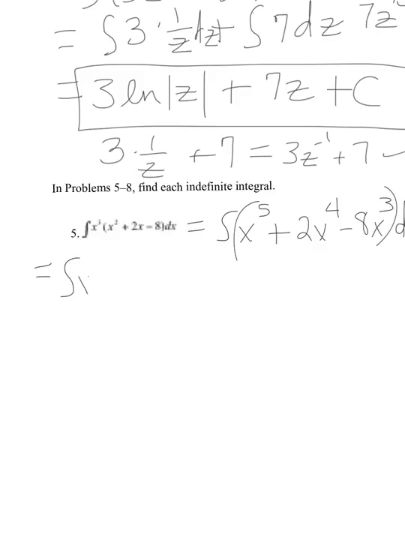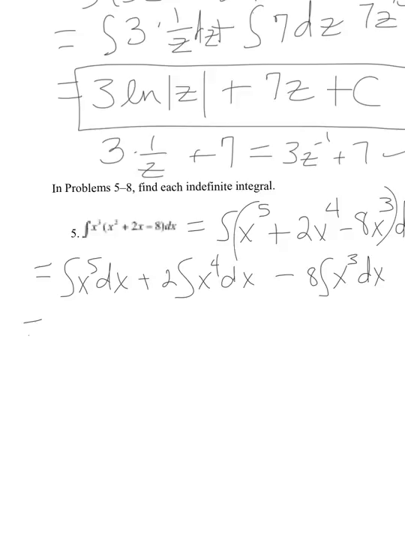So we're going to integrate x to the 5th dx, plus we'll integrate, now the 2x to the 4th, can I kick the 2 in front? And then I'm integrating x to the 4th dx, minus, and I could do the same thing here, I could kick the 8 in front of the integral sign, and then I'm going to be integrating x to the 3rd dx.